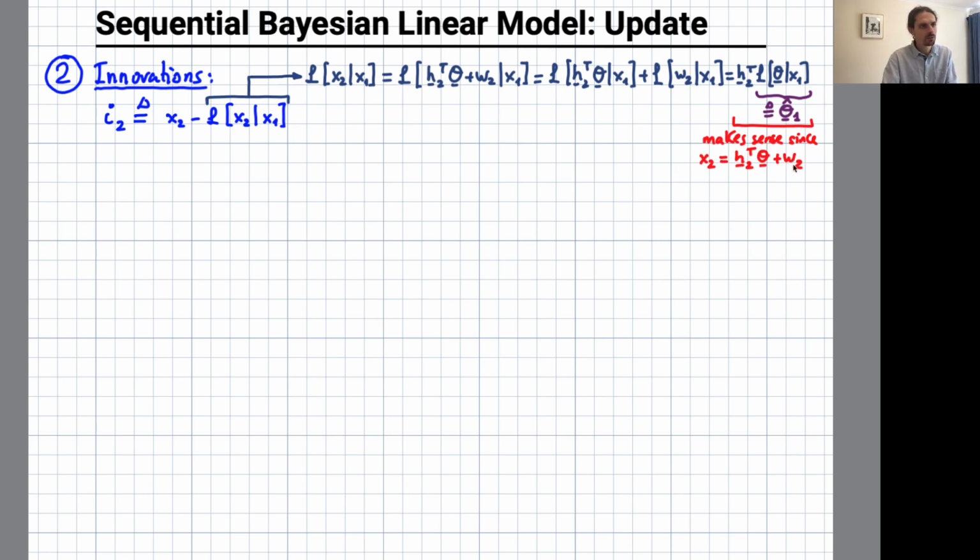So this would be 0, and this would be 0, so our best guess for X2 would be 0, right? However, if we had some estimate of theta available, it would intuitively make a lot of sense to plug it here, and obtain X2 as H2 transpose times that estimate.